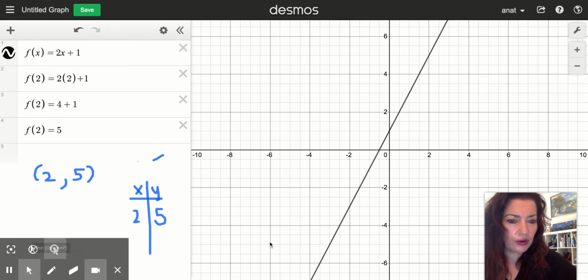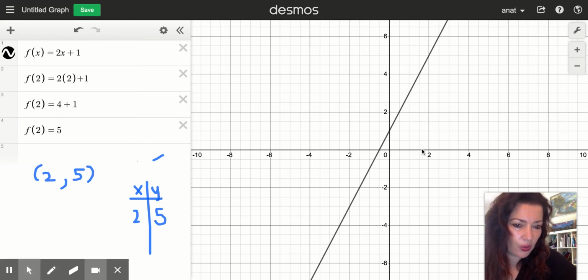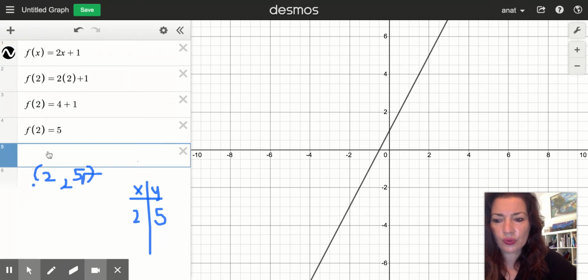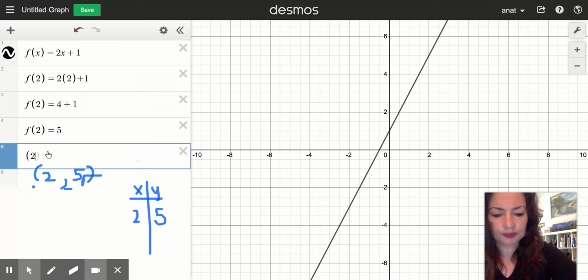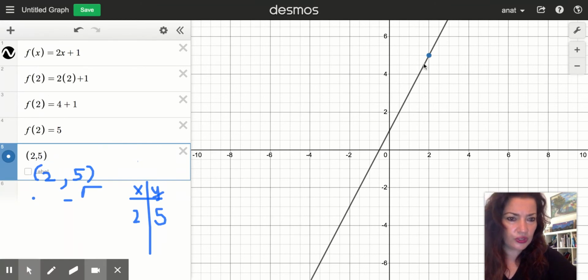Well, we look at our graph here, and if I go when x is 2, what is y? I can see it right here. When x is 2, y is 5 right here. Or I will write it as an ordered pair so you could see it. When x is 2, y is 5, which is right there. So basically, the input is always the x value. The output is always the y value.